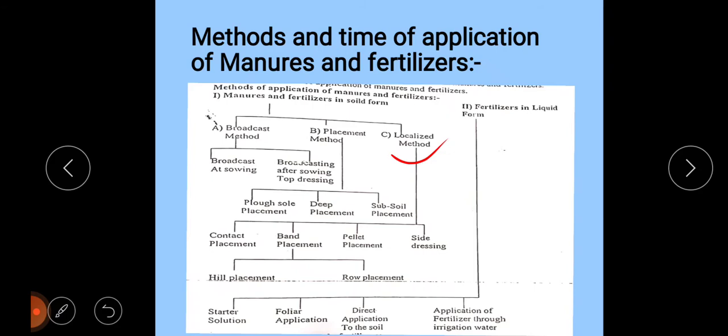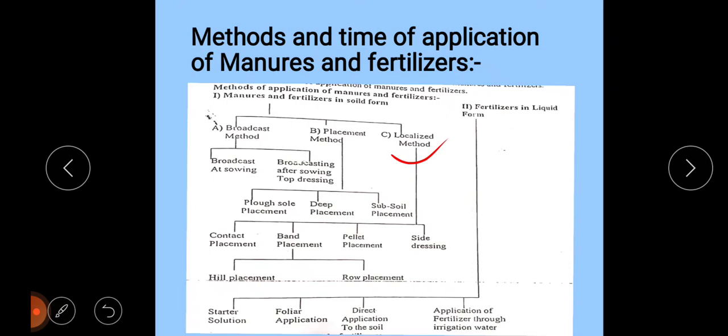There will be better growth of that crop, and at grain filling or flowering stages it will help the crop survive. Then direct application to the soil: different water soluble fertilizers, these liquid fertilizers, are applied directly in the irrigation water.